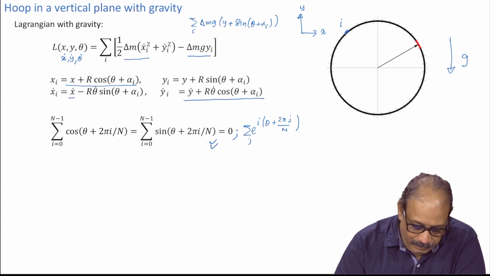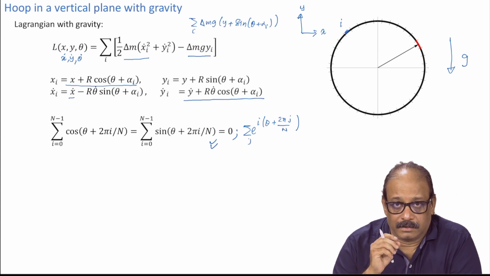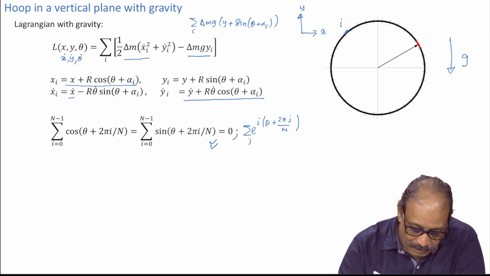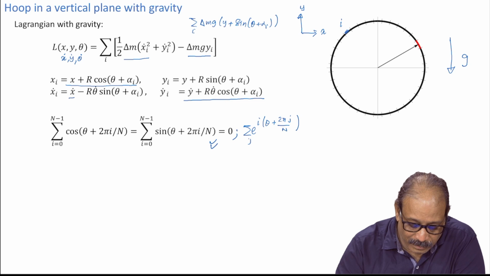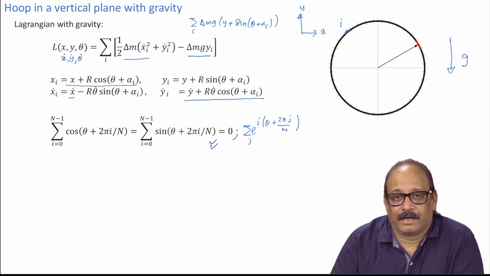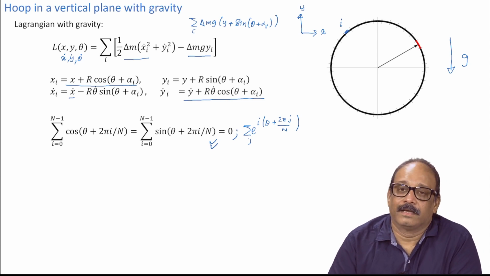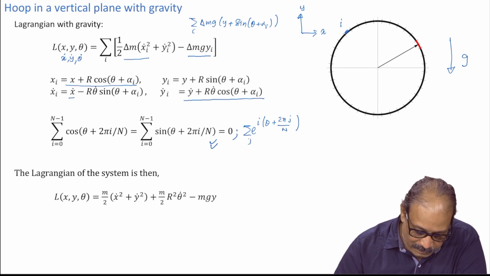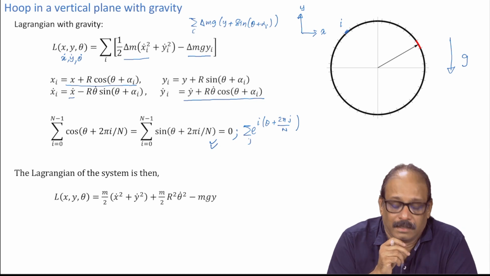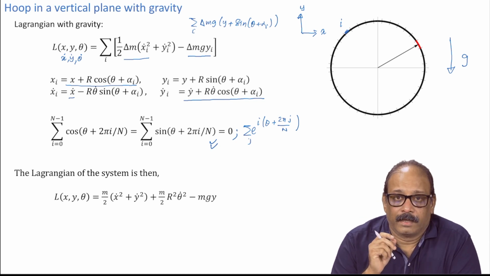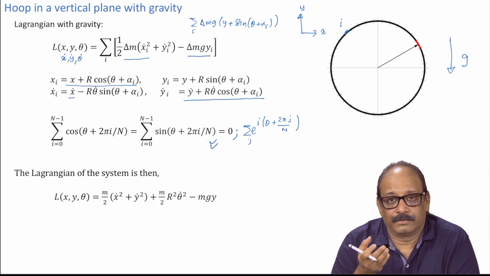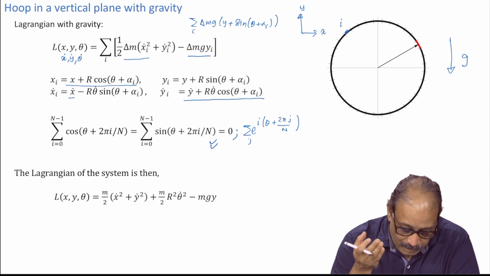So, you can immediately see you will get n times delta m, which is m g y as one term, and the second term is the summation over sin(theta plus alpha_i), and that term of course by this identity becomes 0. So, your total Lagrangian now becomes m by 2 (x dot squared plus y dot squared) plus m by 2 r squared theta dot squared minus m g y.